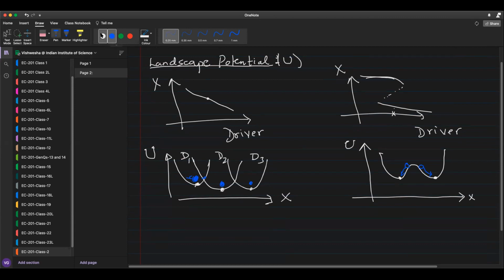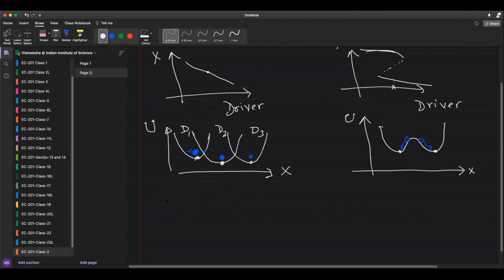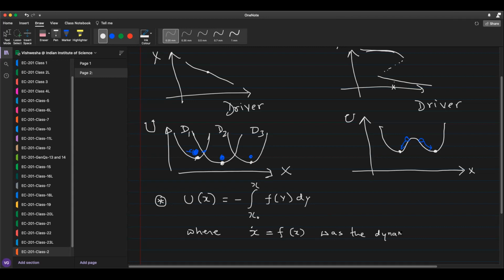Now, this is not just an idea. In fact, as you may have discovered in the context of assignment number 3, it's actually mathematically possible to define this in the following way, where x dot is equal to f of x, the dynamical equation, and x0 is some arbitrary location.